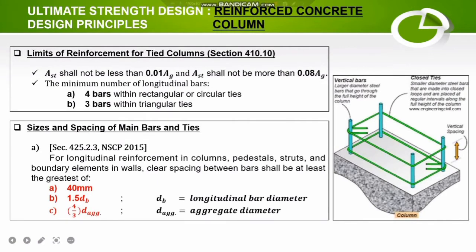The sizes and spacing of main bars and ties. According to Section 425.2.3 of NSCP 2015, for longitudinal reinforcement in columns, pedestals, struts, and boundary elements in walls, clear spacing between bars shall be at least the greatest of the three: A, 40 mm; B, 1.5 dB, where dB is the longitudinal bar diameter; and C, 4/3 of the diameter of the aggregate.